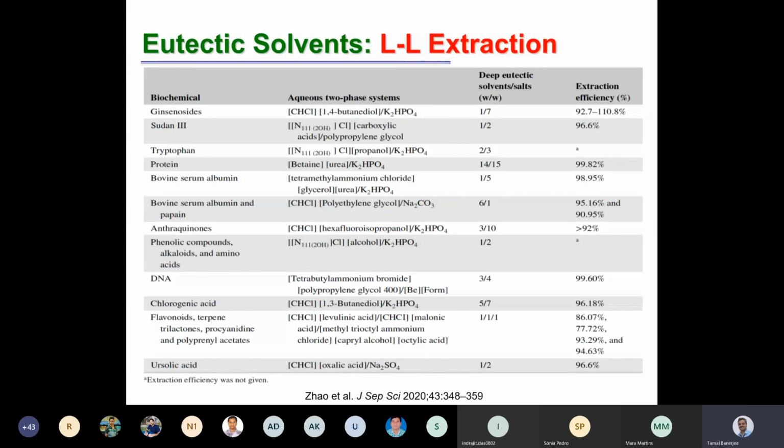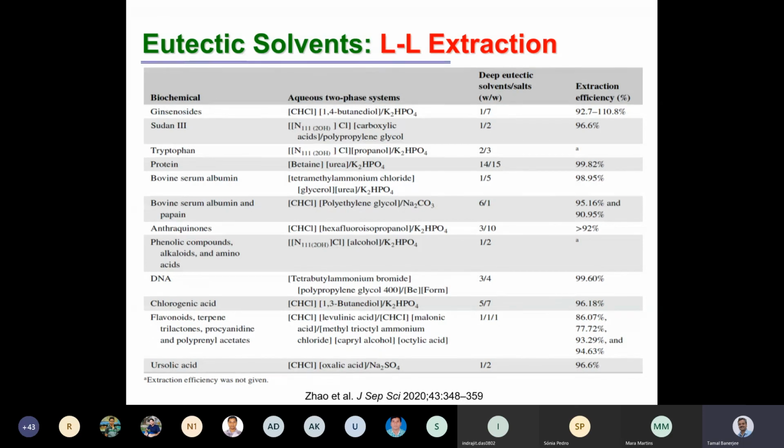You can use the aqueous phases here in liquid extraction. Some examples using choline chloride, butanediol with phosphate salt, or here also another way described, choline chloride with carboxylic acids and polypropylene glycol, or with propanol and phosphate, and so on.